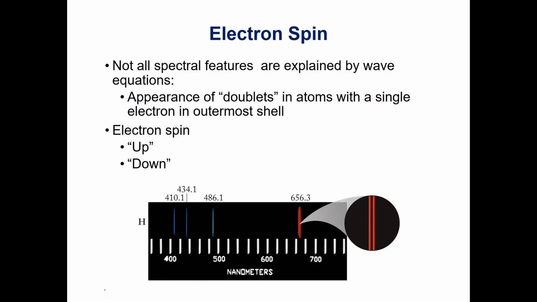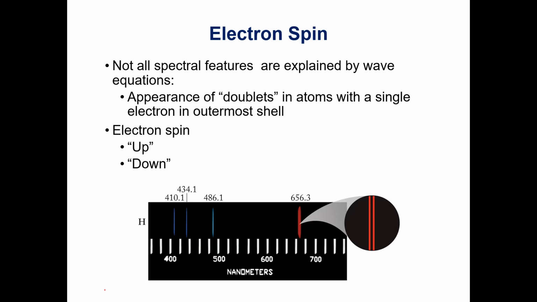So that covers the first 3 quantum numbers. We still have one more we need to talk about. If you think back to line spectra, if we look at the line spectra of hydrogen, not all of the spectral features can be explained by the 3 quantum numbers we've already talked about.